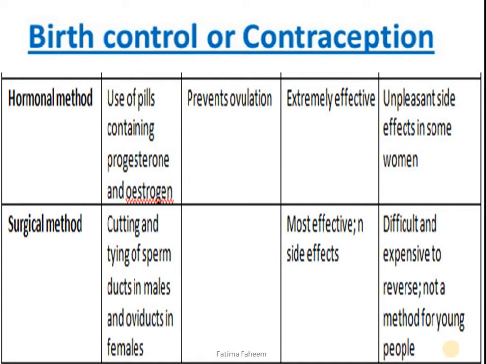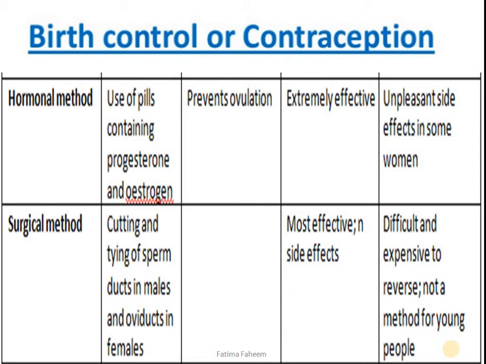Both of these hormones tell the body that no ovulation must take place, nor any follicle must develop. So it actually prevents ovulation. Taking the pills that contain progesterone and estrogen-like chemicals prevents the ovulation. This method is quite effective, but it has some side effects which will be discussed in later slides.